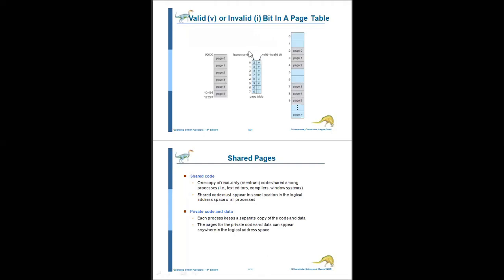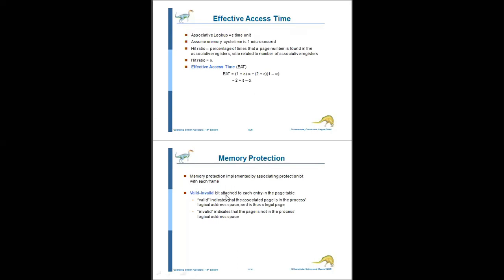See here, in the page table you have to add one extra bit for each frame number, that is, a valid bit or invalid bit. In this memory protection, the valid bit indicates that the associated page is in the process logical address space and is thus a legal page.